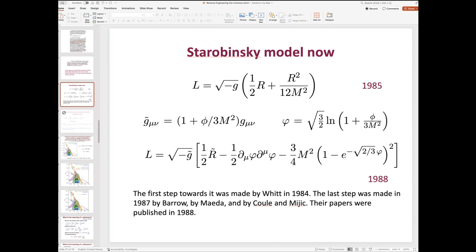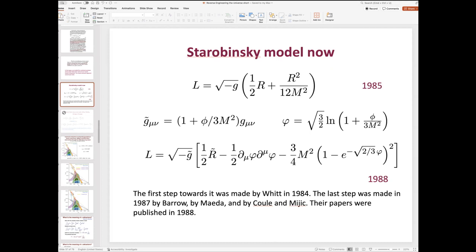R squared, on the other hand, in the way it is written, if you have large R, then essentially it renormalizes the coefficient which was written in the first term with R. So the original model was hard to interpret. The coefficient standing in front of R was not really the Planck constant because it also depends on the classical value of R.